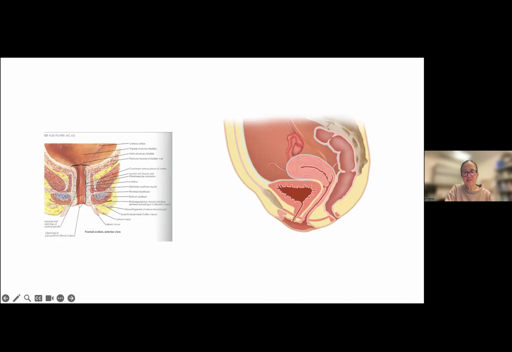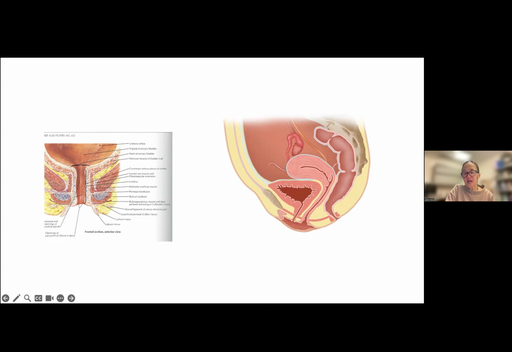In this sagittal view of the female, the pessary is a plastic object that's placed into the upper vagina, and it is used to mechanically hold up the uterus or the bladder to keep it from prolapsing into the vagina.